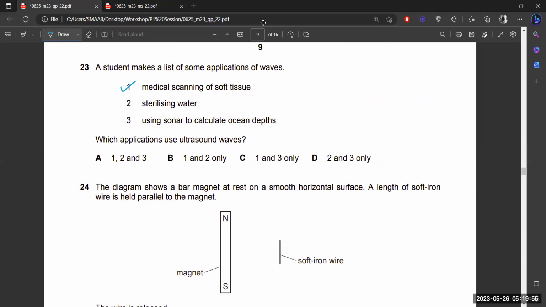Sterilizing water is not an application of ultrasound. Using sonar to calculate, yes. We use this because we know that the frequency of ultrasound is greater than 20,000 hertz, so we use it in the sonar system also. So 1 and 3 is the right choice.